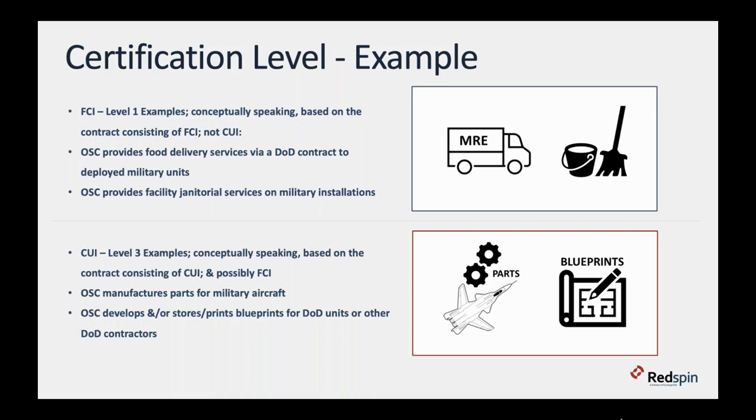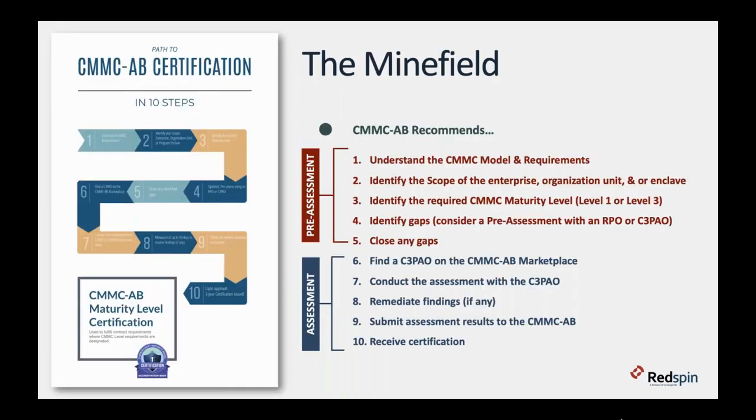The OSC also develops, stores, and prints blueprints for DoD units or other DoD contractors. Remember, we've got primes and subs involved here. So you can see where the difference is here and how compromising FCI can potentially lead to a compromise of CUI, how they're interrelated.